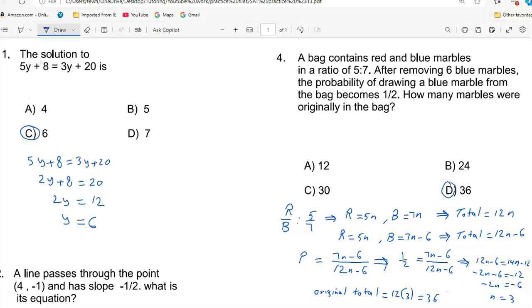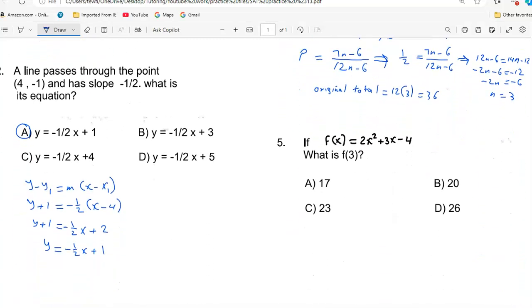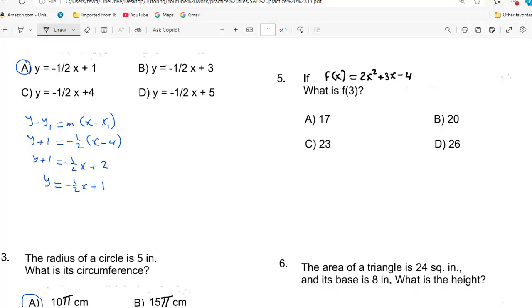And let's go to the next one, which is this one. You can give it a try. If f of x equals 2x squared plus 3x minus 4, what is f of 3? So f of 3 will be 2 times, I'm going to replace x with 3 squared, plus 3 times 3, minus 4.